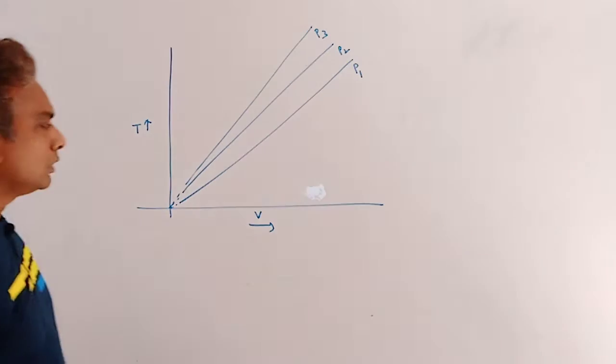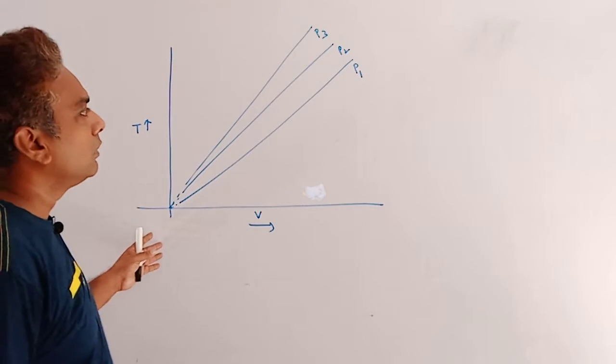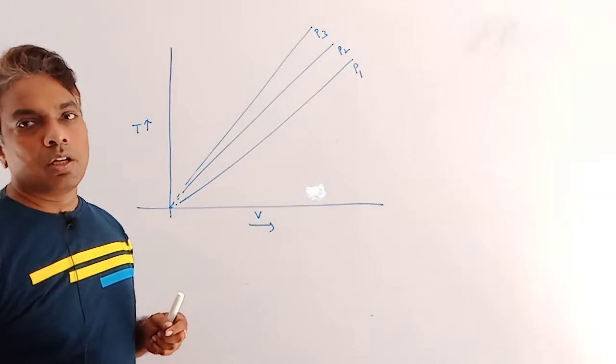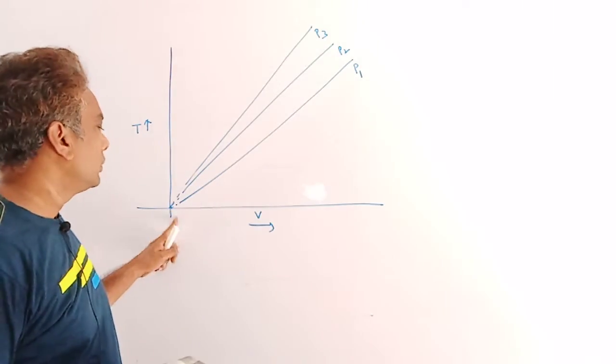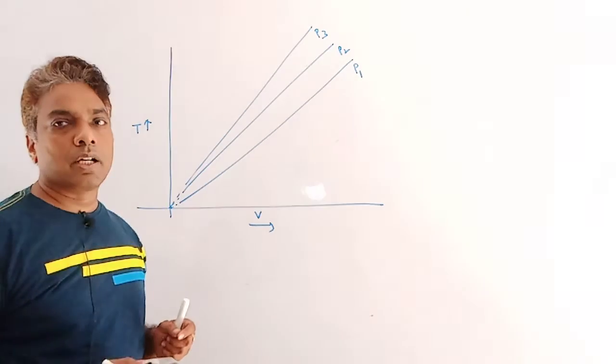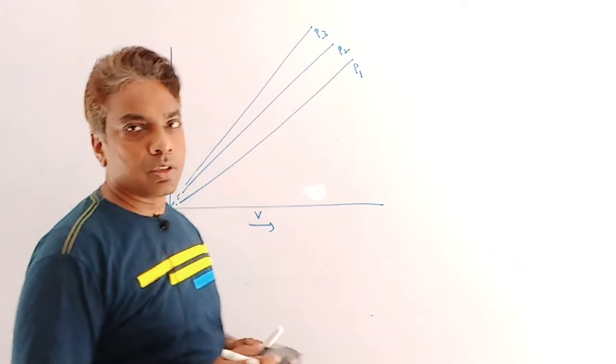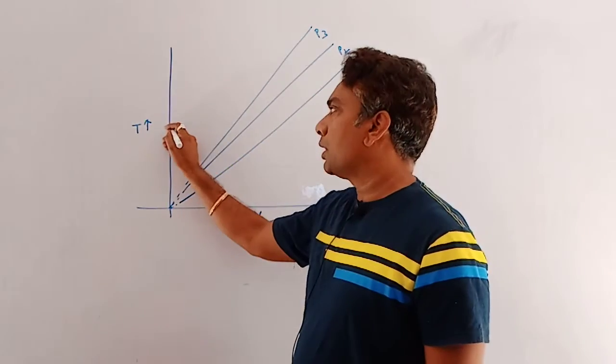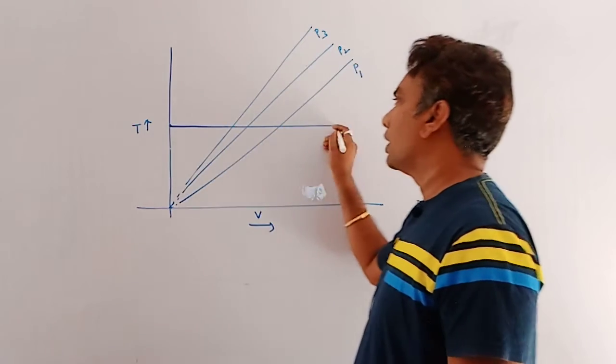How is it solved? This graph is converted into Boyle's law. Clear? How? Boyle's law deals with constant temperature. So with the temperature axis, a perpendicular is drawn on these lines.